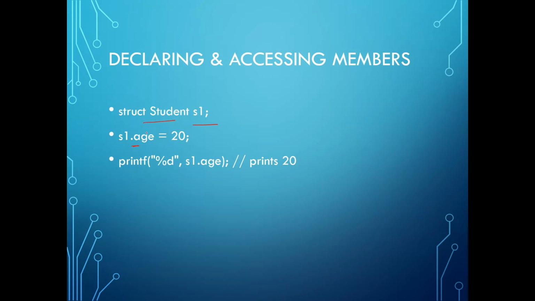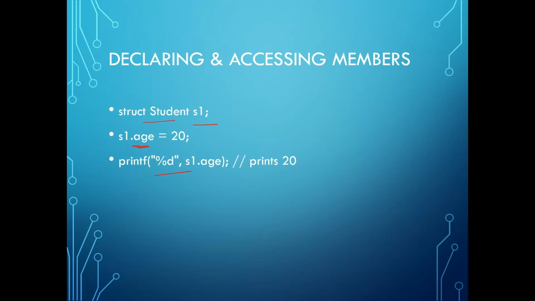S1.age means the age field of S1. Think of the dot like saying go inside the form and find this field. So S1.age: go inside S1 and fetch the age field. So what will print here? It will print 20.